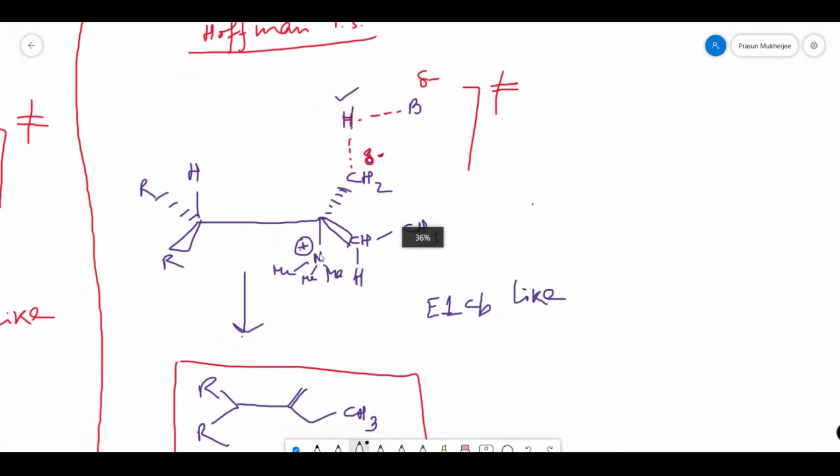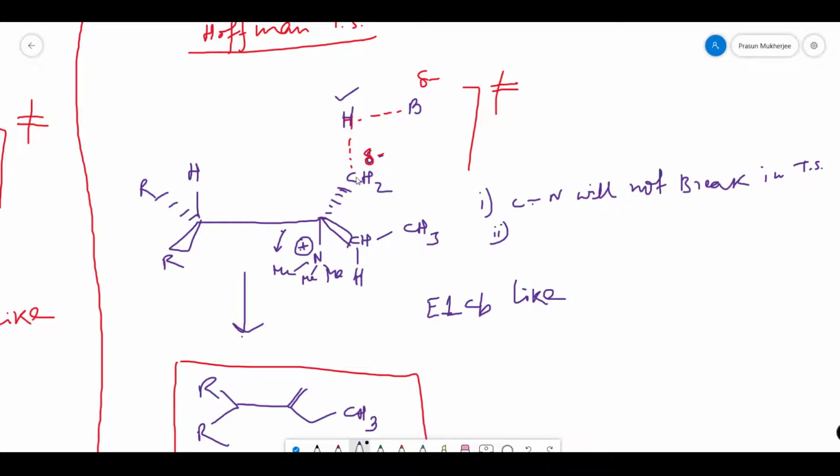So the carbon-nitrogen bond will not break in the TS, and also the minus I effect of this nitrogen atom will stabilize this developing negative charge, which will be formed via the breaking of this carbon-hydrogen bond assisted by the base.